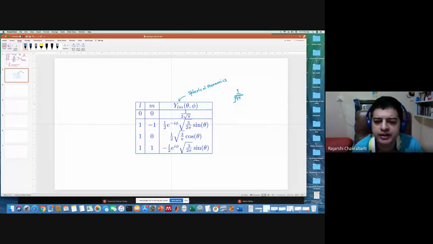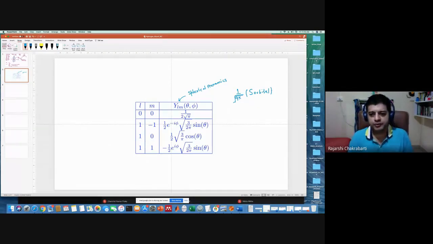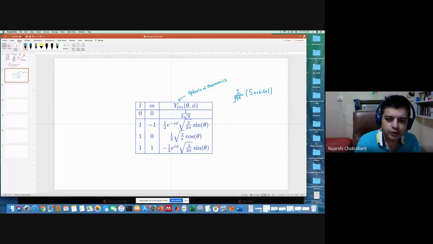Any s orbital you take, it is independent of theta and phi. So if I ask what is the value of the spherical harmonic for s orbital, your answer would be: a value I don't remember, sir, some constant, but it is independent of theta and phi. For that, you don't need to remember the expression for the spherical harmonic, isn't it? So for s orbital, it is independent of theta and phi.